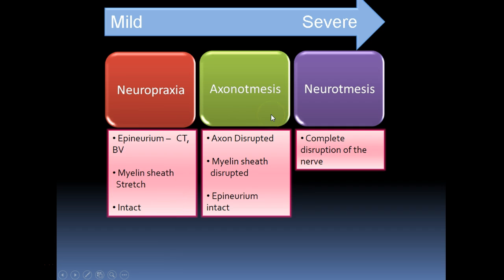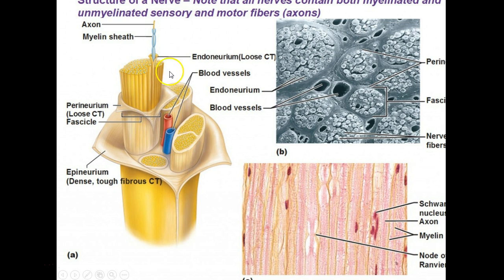A grade 2 is an axonotmesis, and this is where the axon of the nerve actually gets disrupted, as does the myelin sheath, but the epineurium remains intact. So let's go back here. We said the axon gets disrupted. We've also said the myelin sheath gets disrupted, but the anatomical structure holding that nerve together is still intact, and it contains that connective tissue.